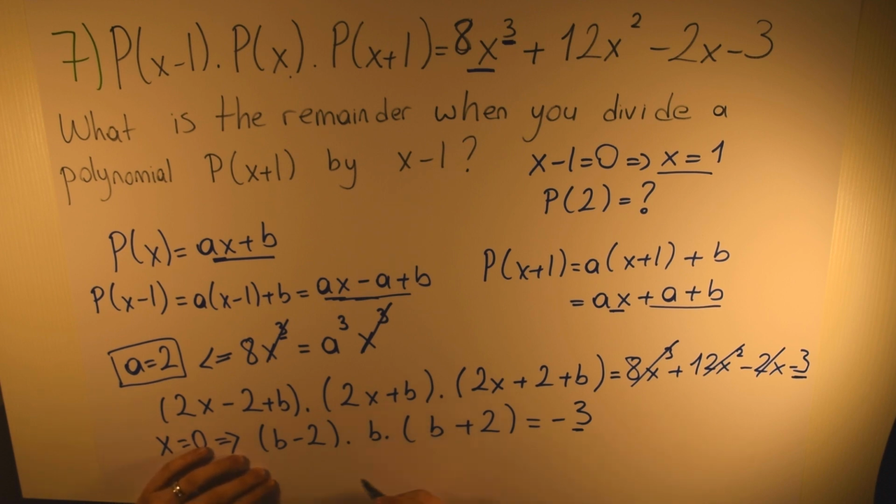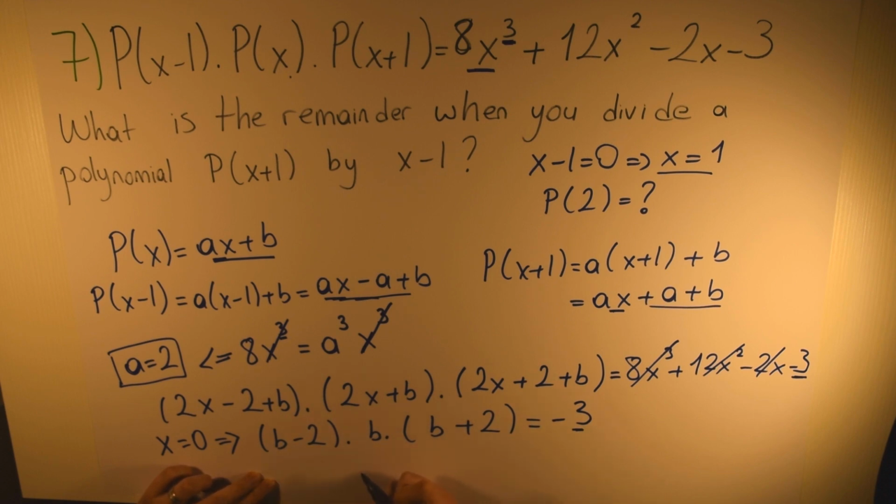Let's try. For example, when you give minus 1 here, you will get minus 1 minus 2, it's minus 3, times minus 1 plus 3... here minus 1 plus 2, it is plus 1, and I have here plus 3, so it's not true. When I give 0, this is minus 2. I cannot give 0 because it will make the whole expression 0.